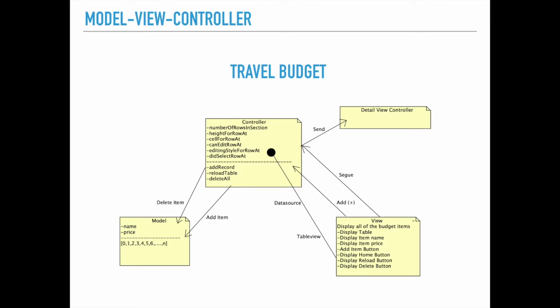And on that model, there's a name and a price as the variables for the model. Also, if the user decides to click on a row, it will send the user to a detail view controller by segue.